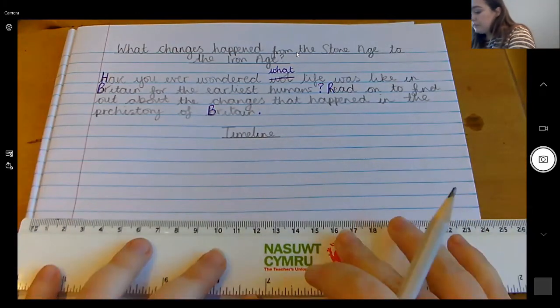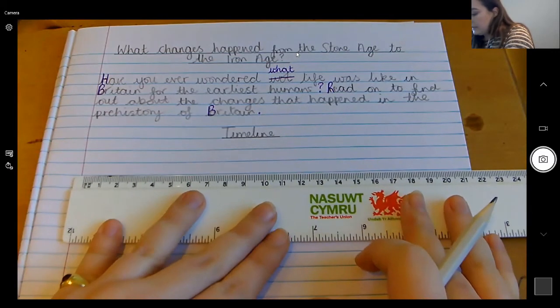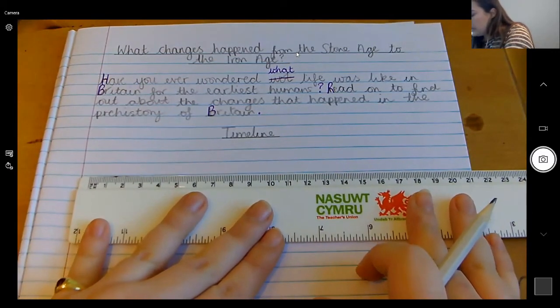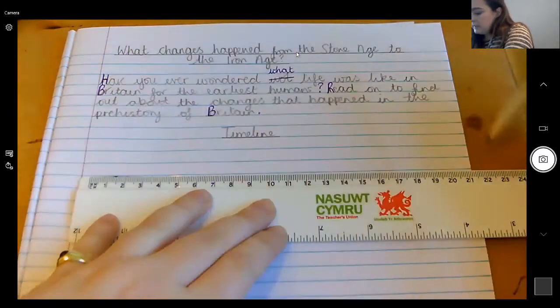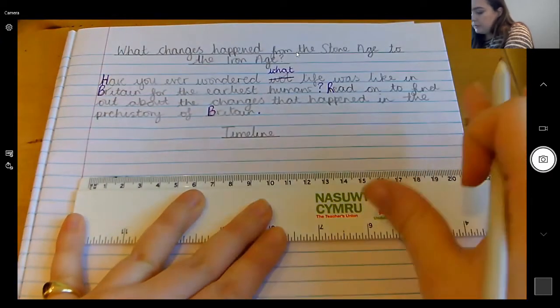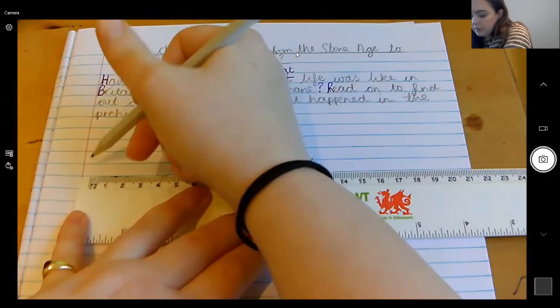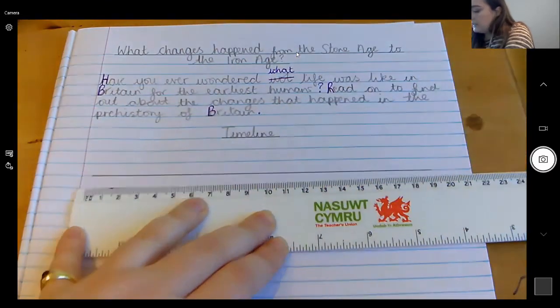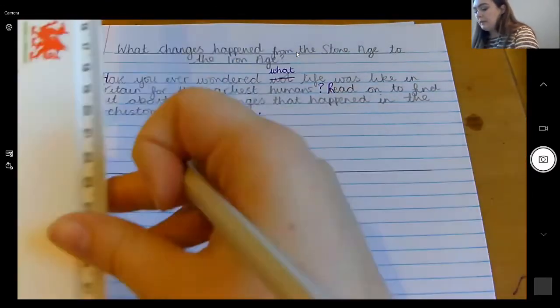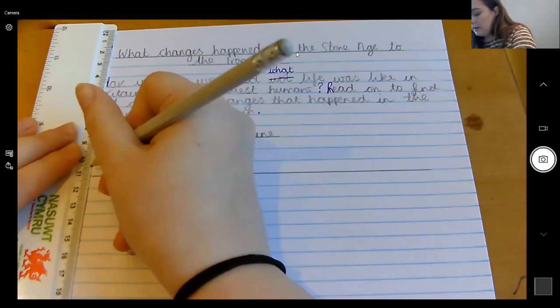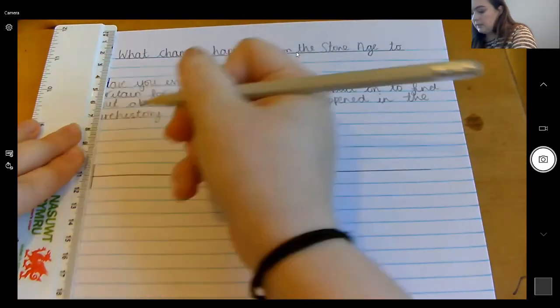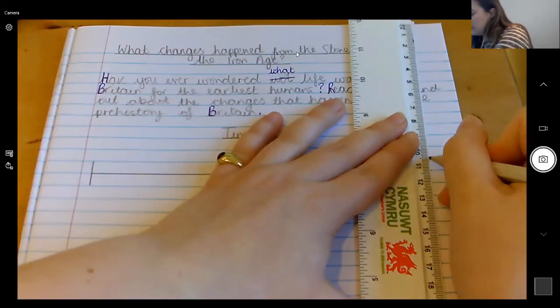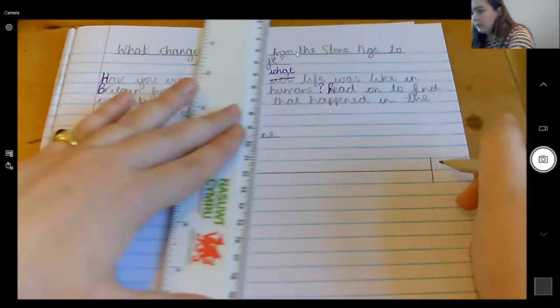So I'm going to draw a line underneath, and I'm going to do it 19 centimeters long. So make sure it's all joined up from the 0 to the 19. Fantastic. Okay. Then I'm going to draw my lines in on the side, again using a ruler.